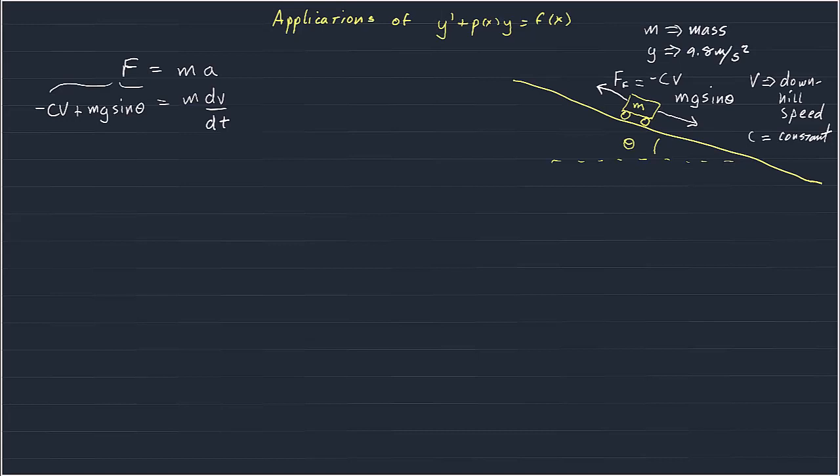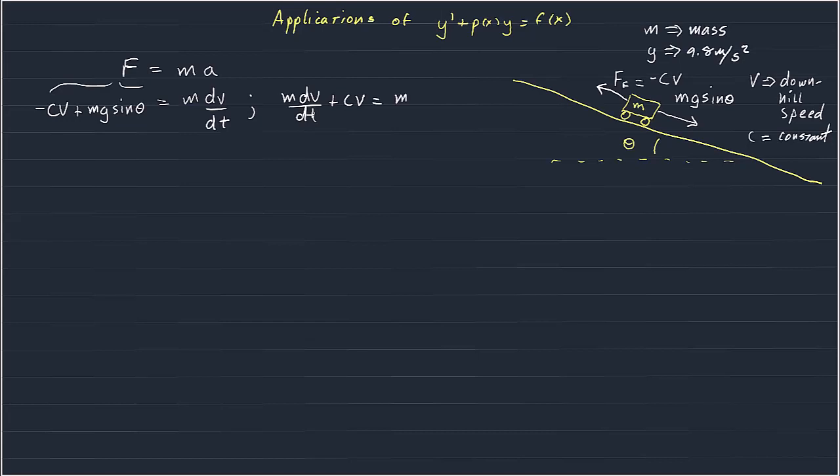And so we can write this as a differential equation as m dv/dt plus, I'm going to bring the cv to the other side, same side as the acceleration term, cv. And then I'm going to leave everything that doesn't depend on v on the right-hand side.